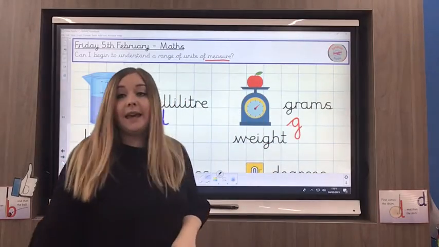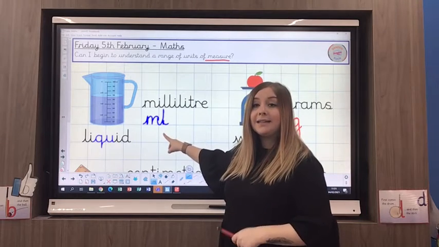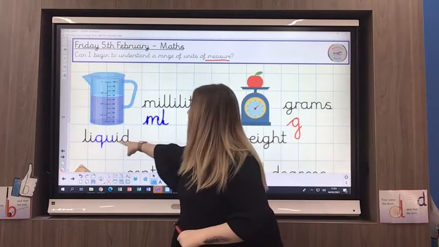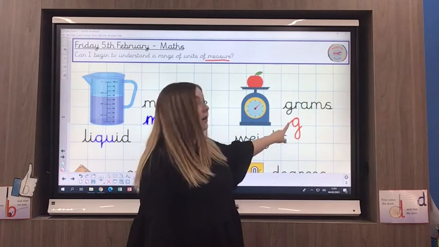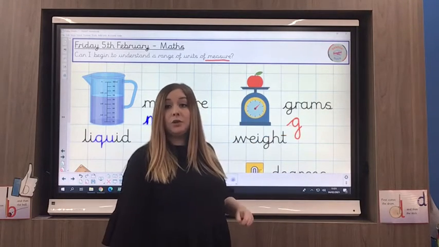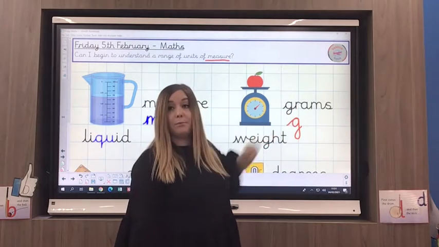So today, if we see an m and an l, that tells us that we're measuring a liquid using millilitres. And if we see a g, that tells us that we're measuring the weight of something using grams.